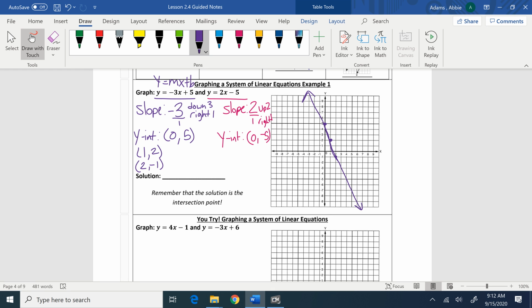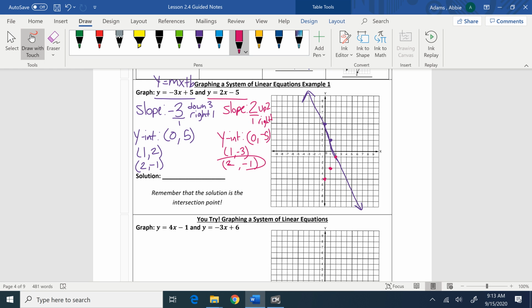And then I'm going to have my next graph starting at the y-intercept at negative 5. It has a positive slope, so I'm going to go up 2 to the right 1 to get to the point (1, negative 3). And I'm going to do that again. I'm going to go up 2 again to the right 1, and I'm going to be at the point (2, negative 1).